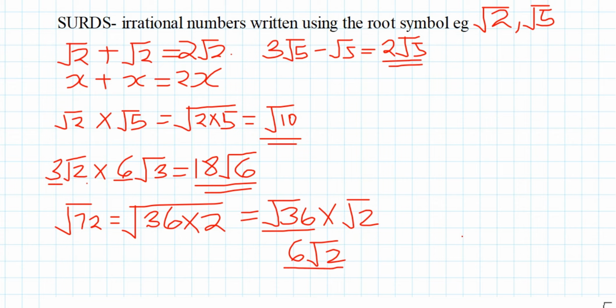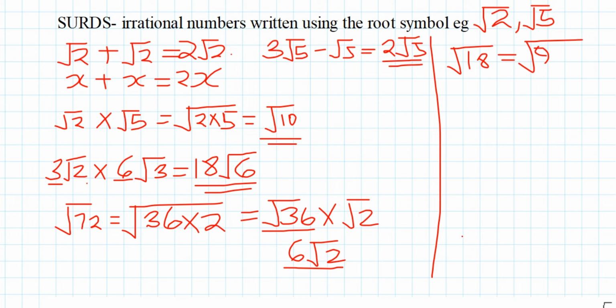Another scenario is when, for example, we have got the square root of 18. We know very well that 18 is equivalent to 9 multiplied by 2, which is equivalent to the square root of 9 multiplied by the square root of 2. And so this is going to give us 3 root 2.